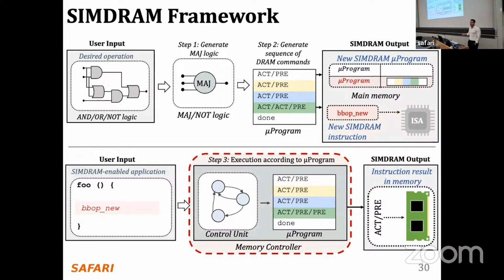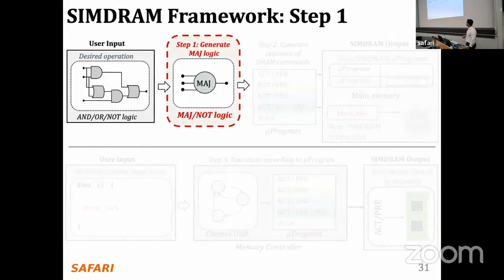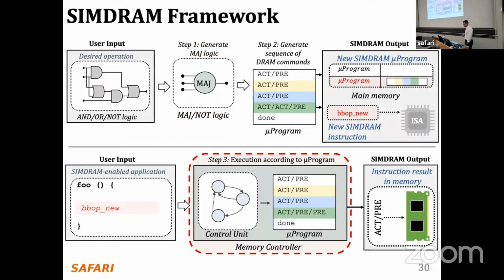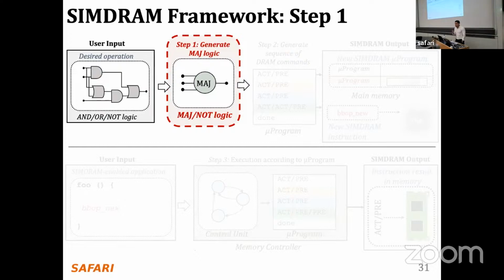Then during the execution of the application, the user includes this intrinsic inside their application, and then we have some control unit in the memory controller that understands that this instruction is a processing-using-DRAM instruction, fetches the microprogram, and then dispatches one by one the sequence of in-DRAM row copies and in-DRAM activations that realize that operation in the DRAM chip itself. So I'm going to go a little bit into detail on those 3 steps next.